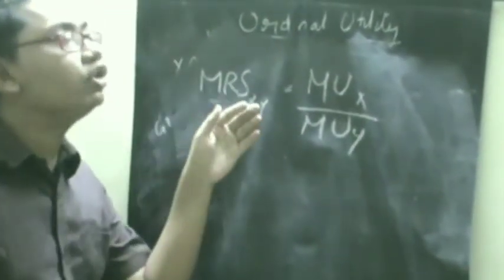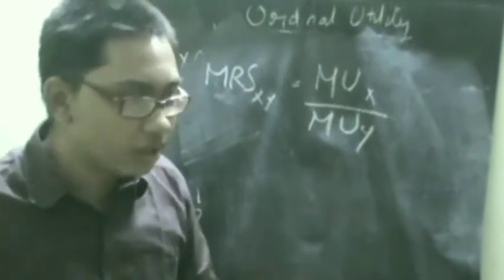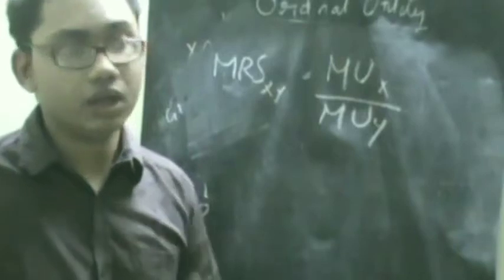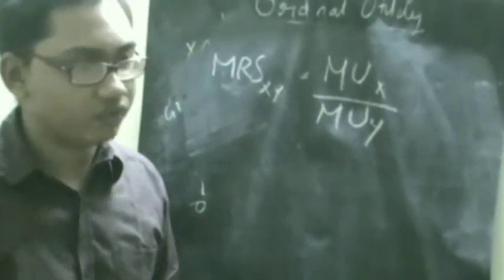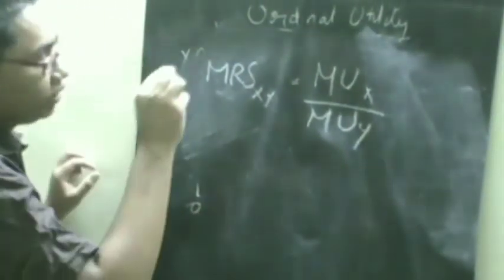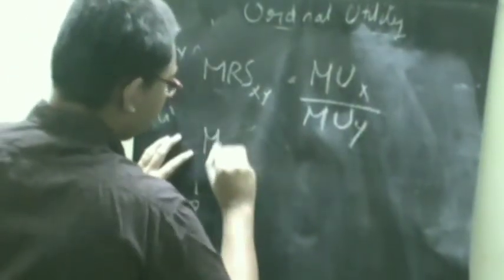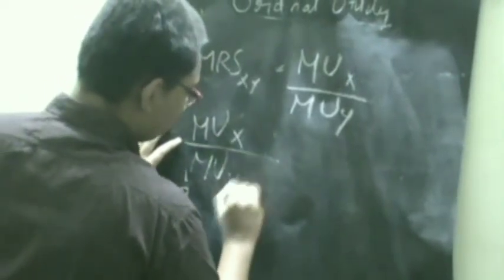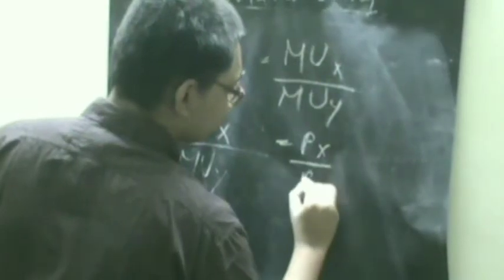Because if the consumer derives 4 times the satisfaction of good Y from good X, the consumer will be willing to give up 4 units of good Y in order to get 1 unit of good X. So as we go on down the indifference curve, the slope will be decreasing. And we know the condition for equilibrium, MRS XY is equal to Px by Py. That is MUX by MUY is equal to Px by Py.